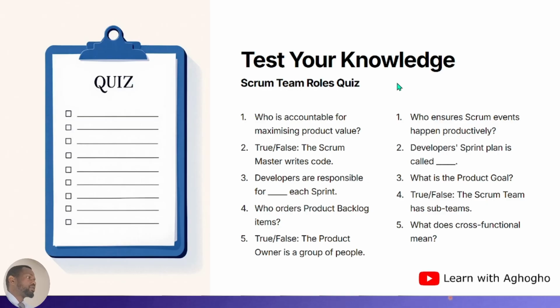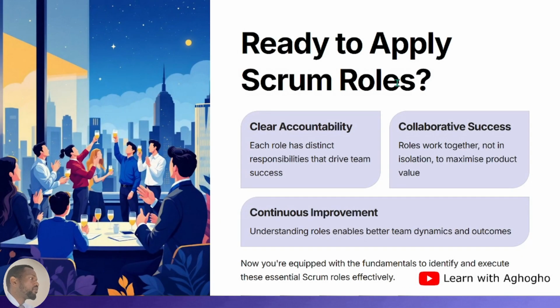So on this note, we will be going through some texts to test your knowledge. Ready to apply Scrum roles. Clear accountability. Each role has distinct responsibility that drives team success. Collaborative success.